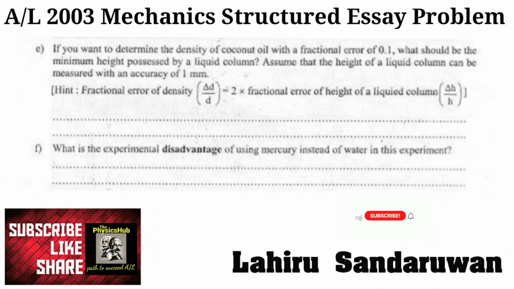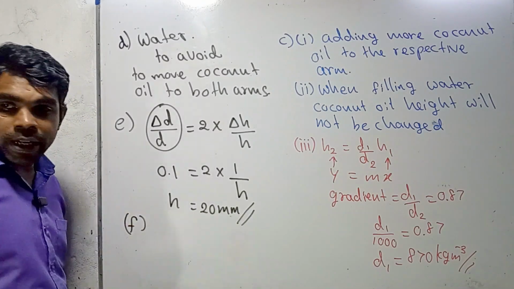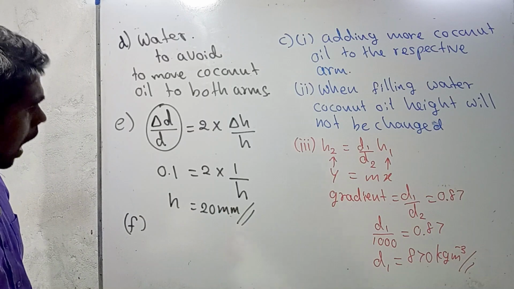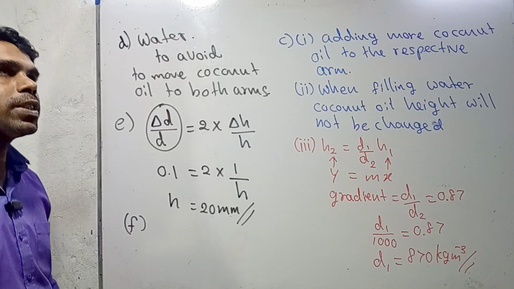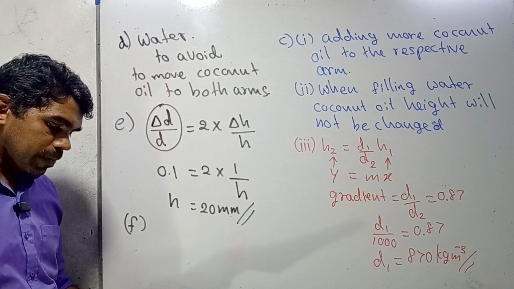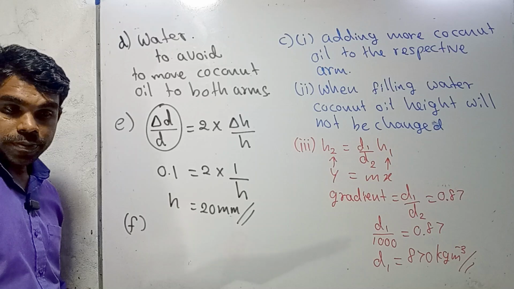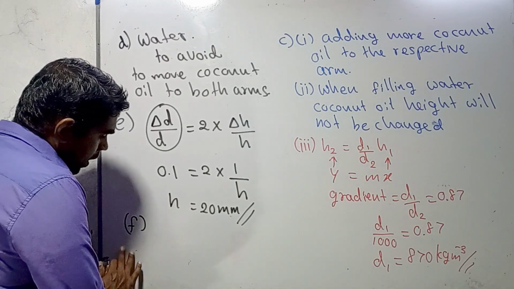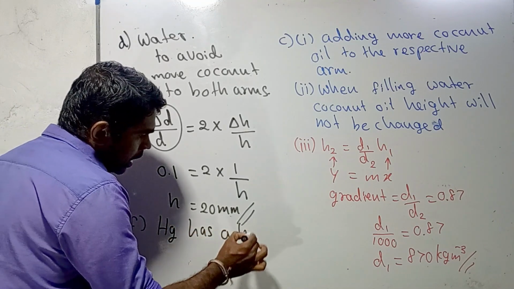Then part F, what is the experimental disadvantage of using mercury instead of water in this experiment? If we are using mercury, we know that mercury is a high density liquid. Therefore, we can observe only a small height difference for a given change in the height of coconut oil. Then we can write: mercury has a high density.